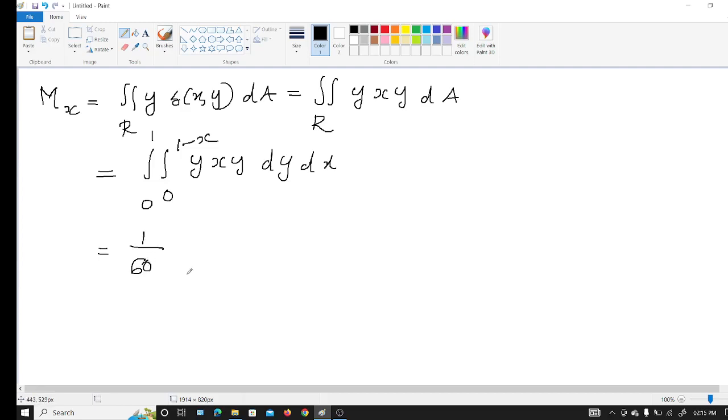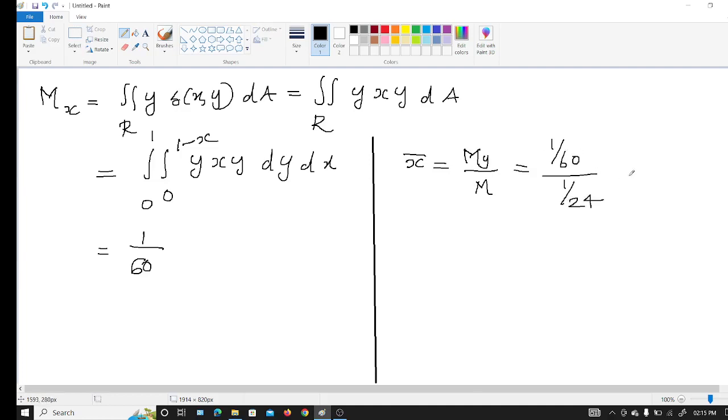So we can calculate our x bar now. What is the formula for x bar? x bar is equal to My divided by M. So the answer is 1 by 60 divided by 1 by 24, that is equal to 2 by 5.